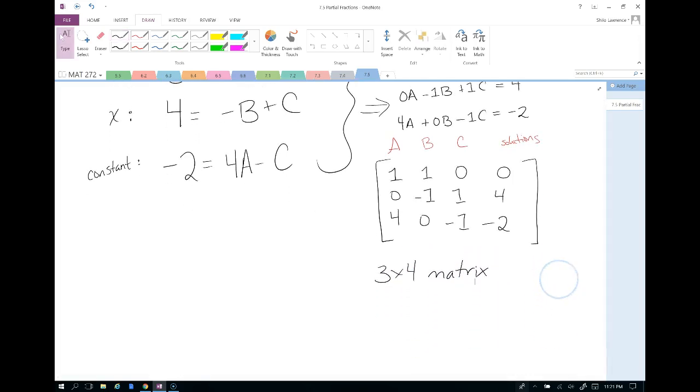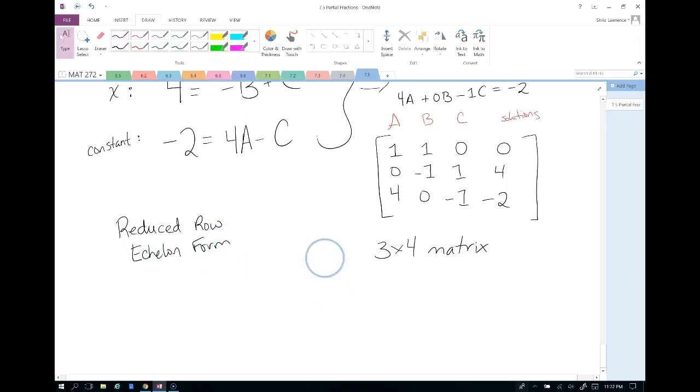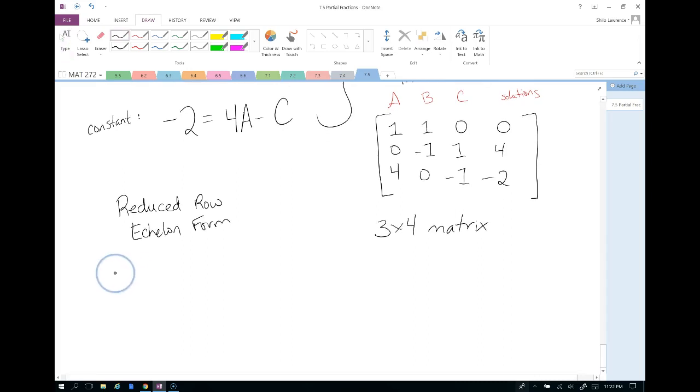And we can type this 3 by 4 matrix into our calculator and ask the calculator to figure out the reduced row echelon form of the matrix, and what that's going to do is it's going to solve it for us. So in the calculator, it's RREF.